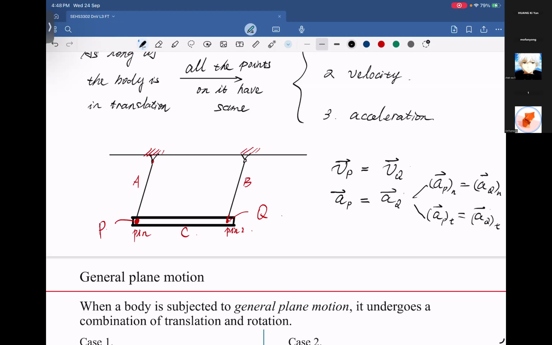In every motion, if you know a point, you know the whole body. Okay, that's it.